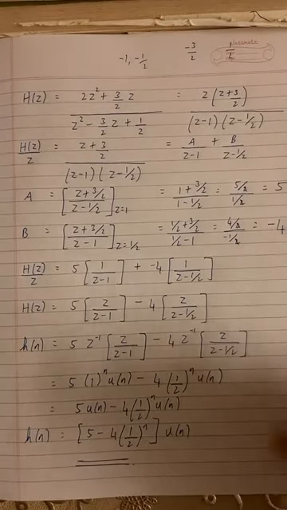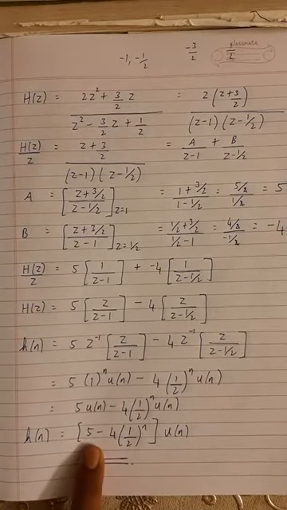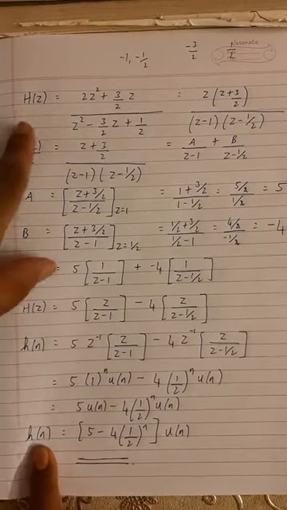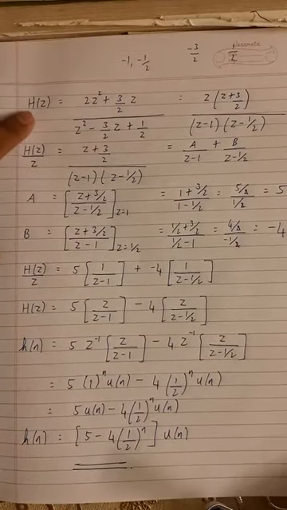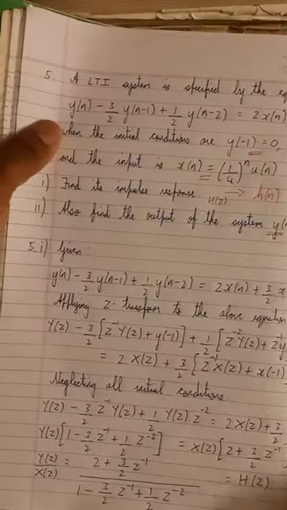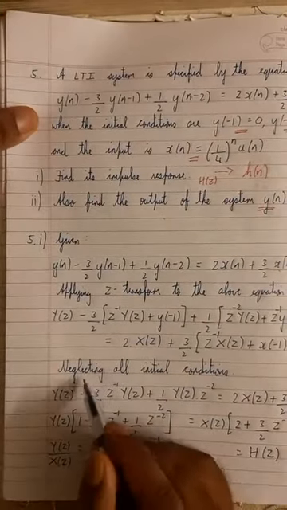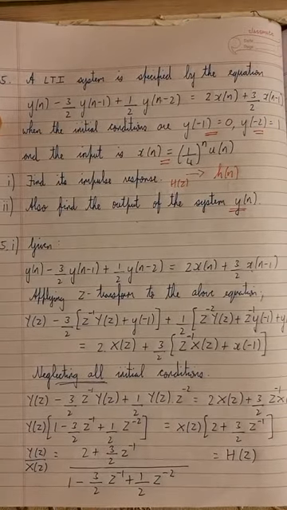Let me remind you once again that when you're going to find the impulse response, or the transfer function, either H of z or h of n, don't forget to put all the initial conditions equal to 0.